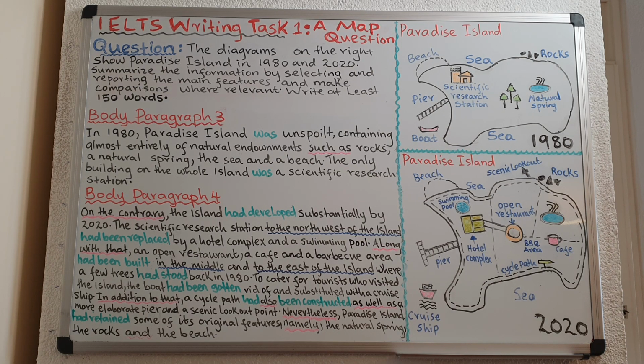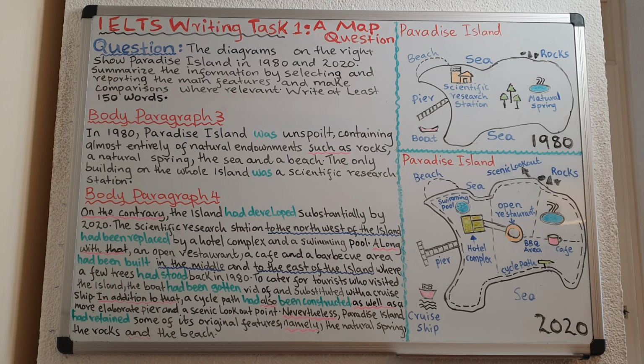And to cater for tourists who visited the island, the boat that was there in 1980 was replaced. It had been gotten rid of. It was removed. It was replaced. That is substituted. Substituted means replaced with a cruise ship. So they got rid of, that is, they removed the boat, and now they have a cruise ship.